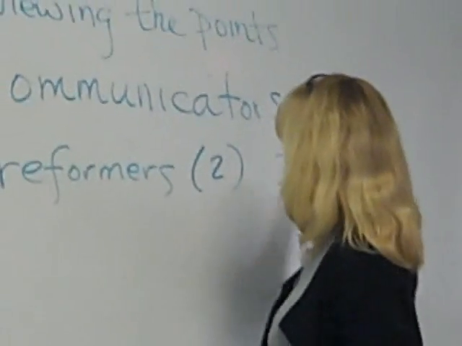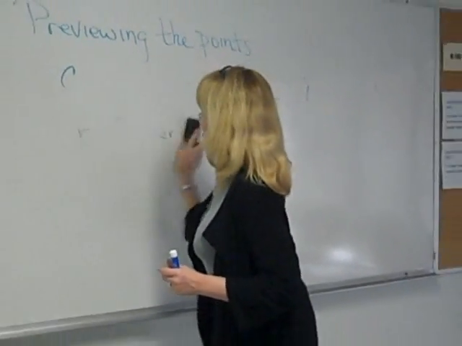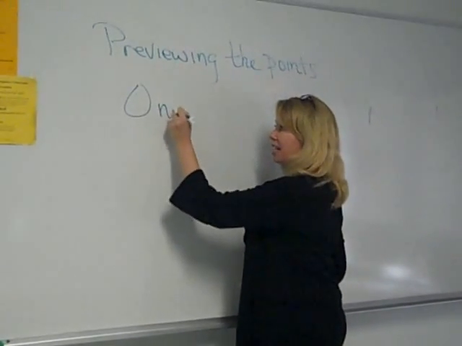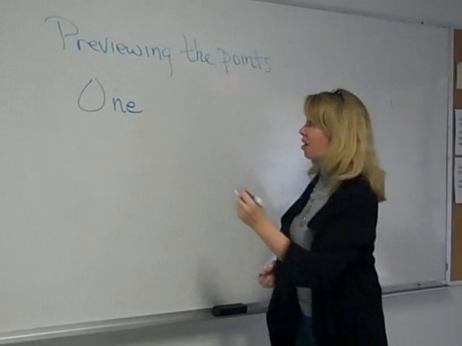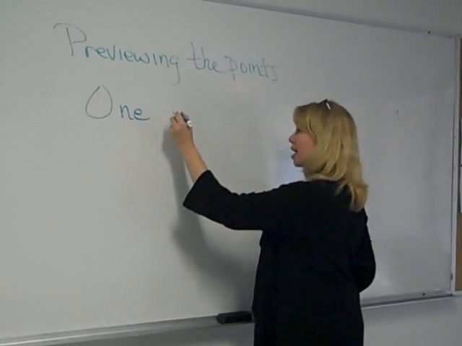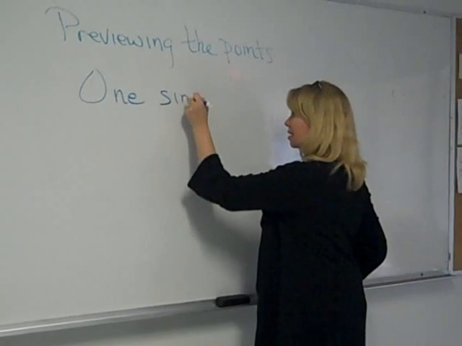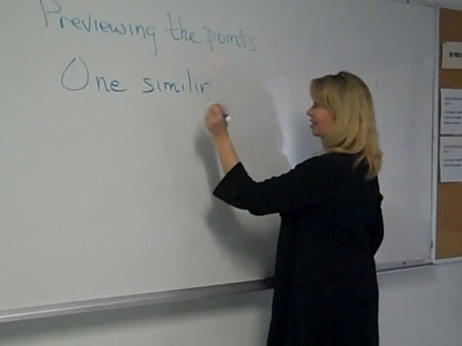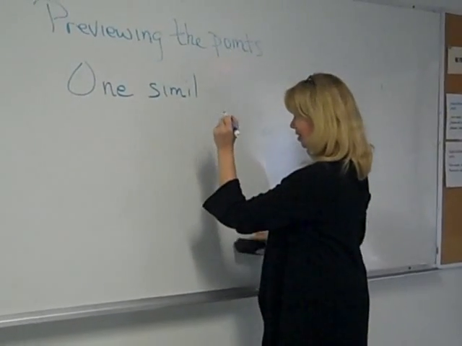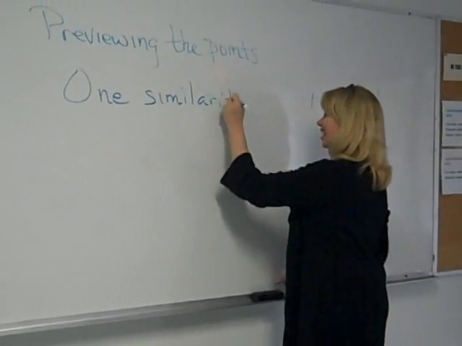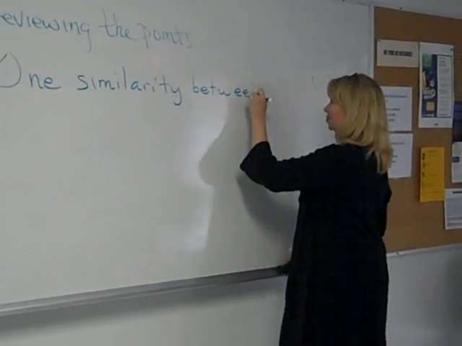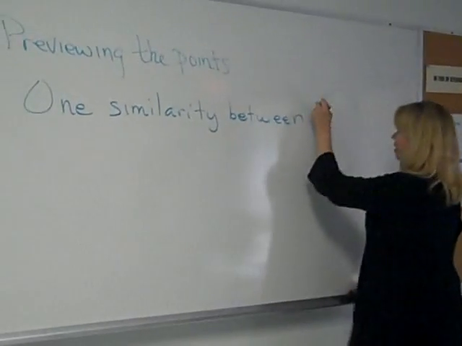So, when you're writing your essay, I like to use a topic sentence for the first sentence. Something like: one similarity between Lincoln and Obama.